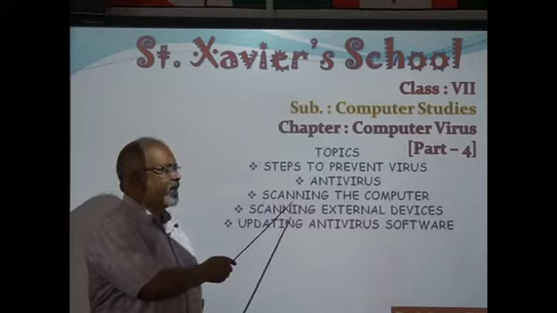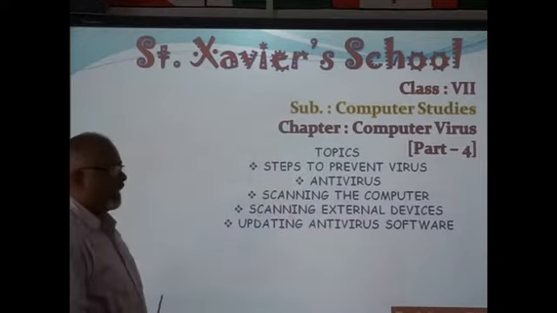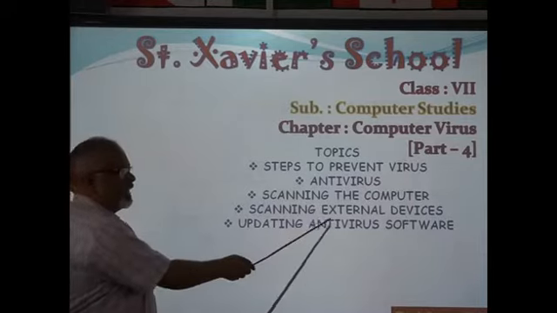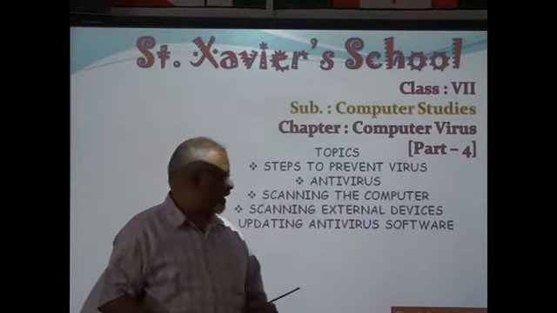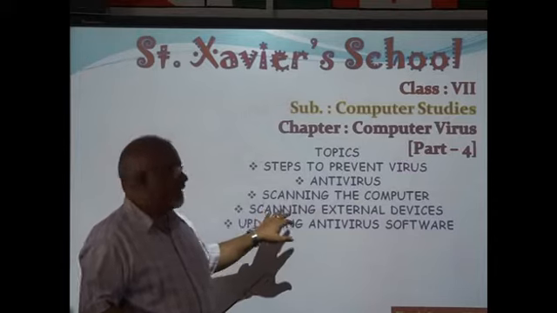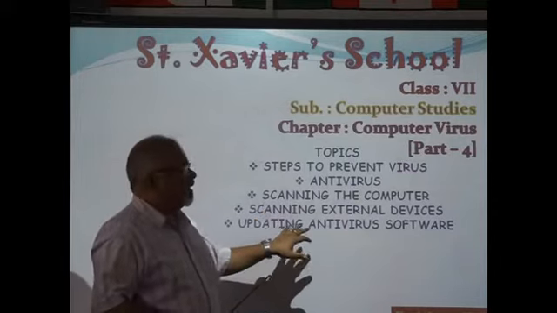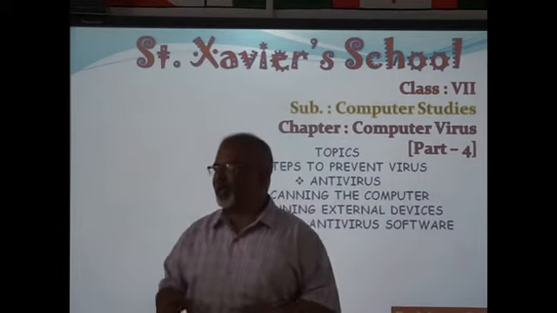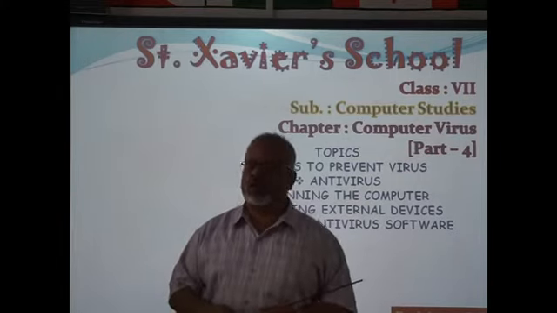Then how to scan your computer using the antivirus software, and when you are using external devices like a pen drive, how can you scan that, and updating the antivirus software, which is very important. So one by one we will be studying all these topics.